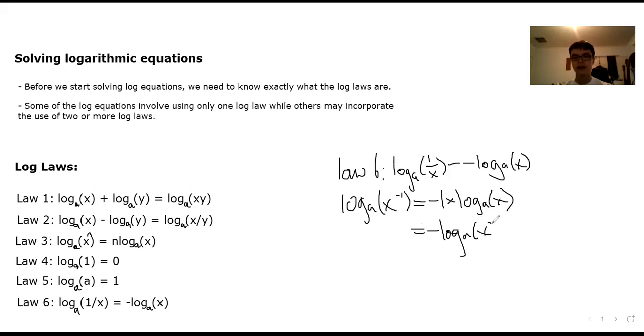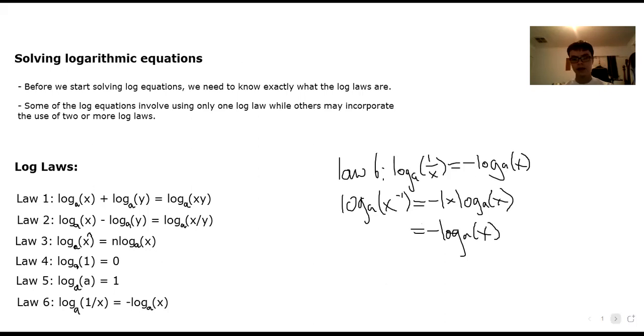So hopefully this should make a little bit more sense now. Therefore logarithm of 1 over x to the base a will just equal the negative log x to the base a. So this should make sense now.